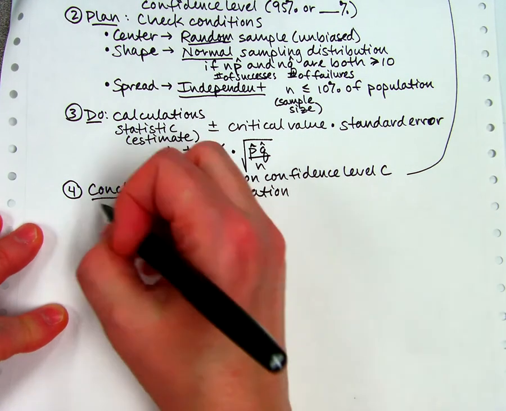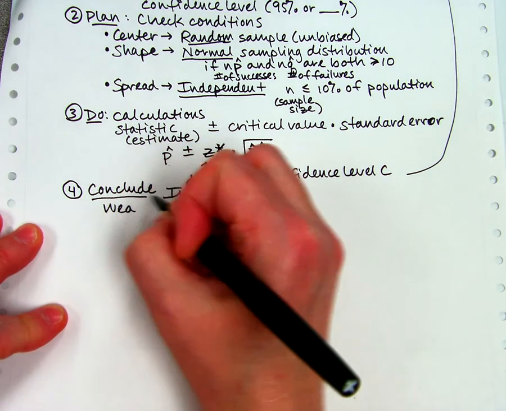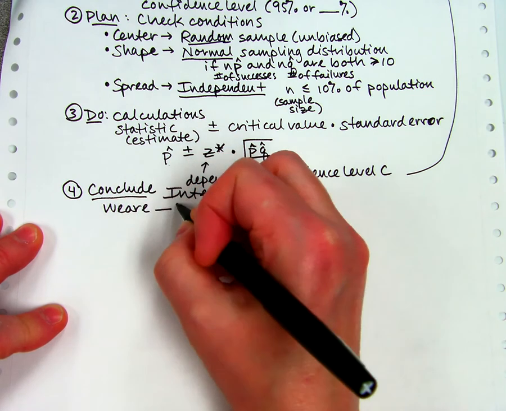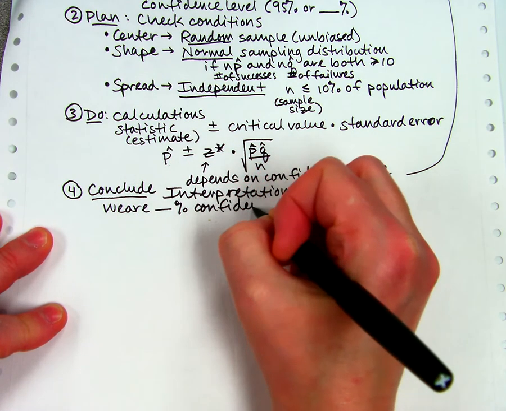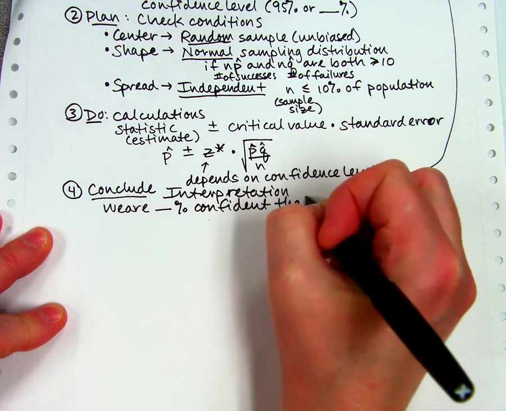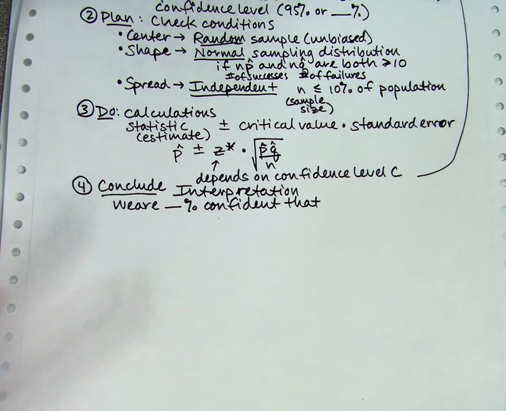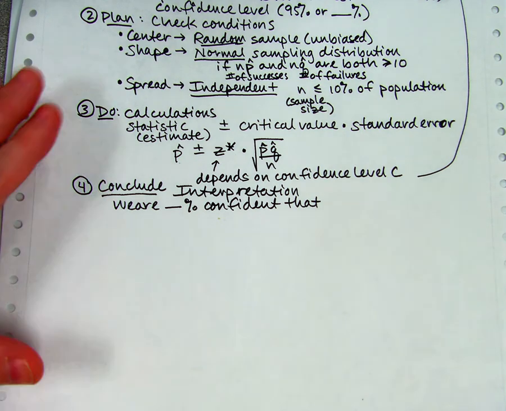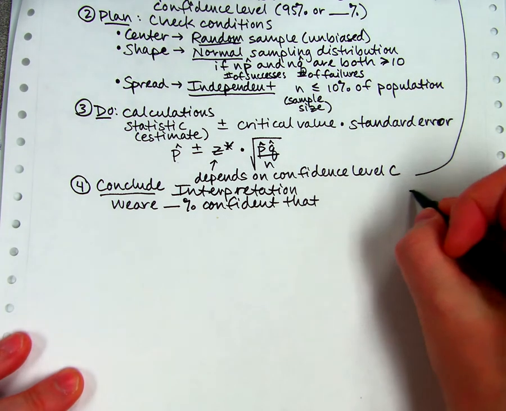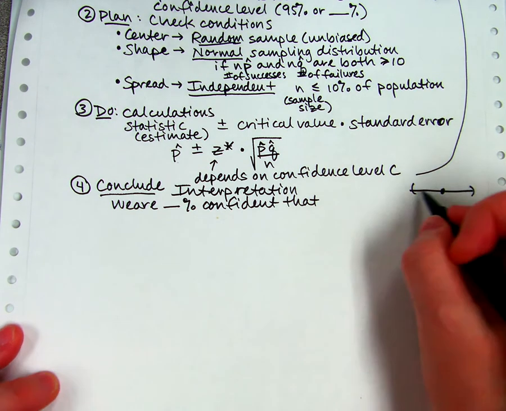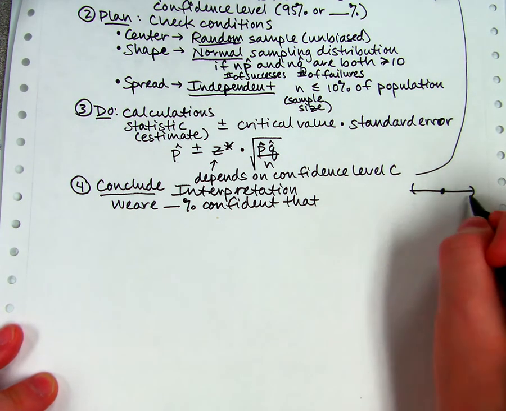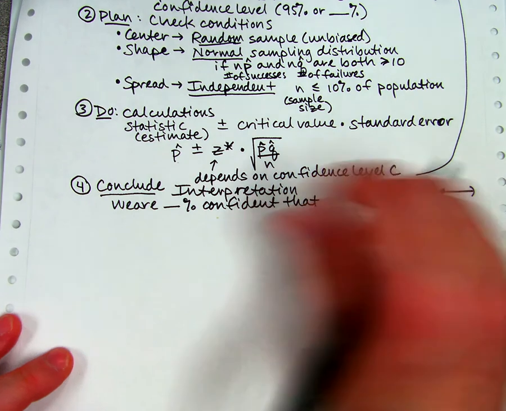You would say we are however percent confident, usually 95, that, so let's think about this for a minute. We found our estimate, we went this far above, this far below. We are pretty sure that somewhere in that interval is the real proportion. That's what we need to write about.